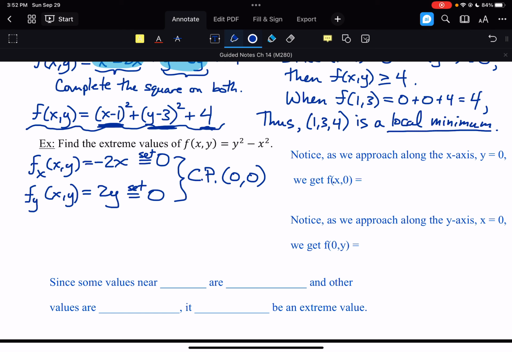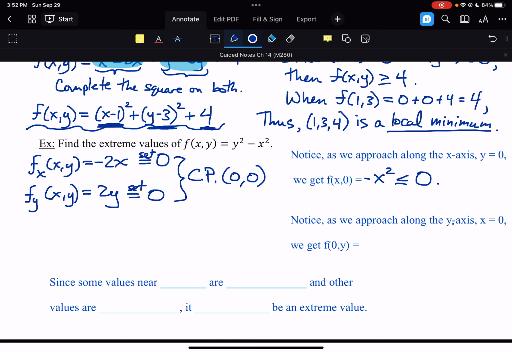We get f of (x, 0), because y is always 0, equals negative x squared. Right? And this negative x squared value will always be less than or equal to 0. So we know as we're moving along the x-axis, all of the values are going to head down. They're going to drop, okay? And it's parabolic, so they're going to go kind of like that.